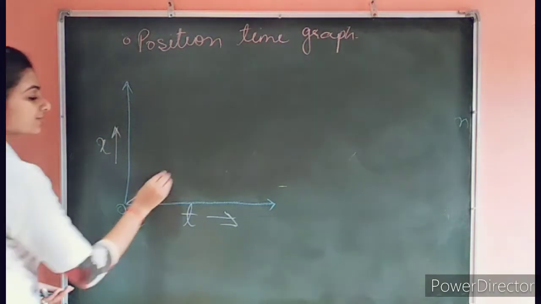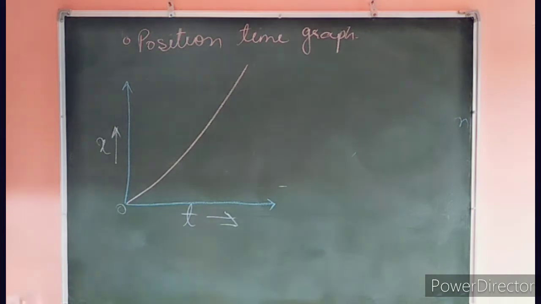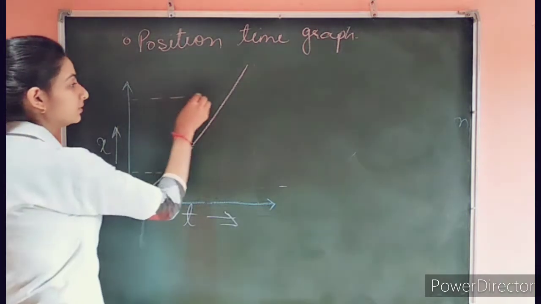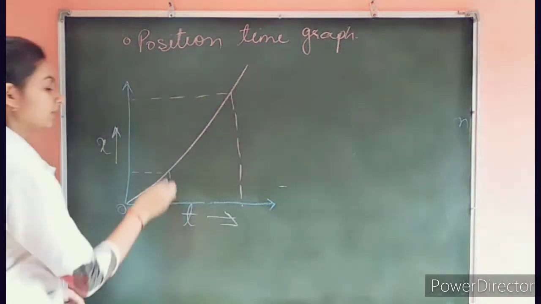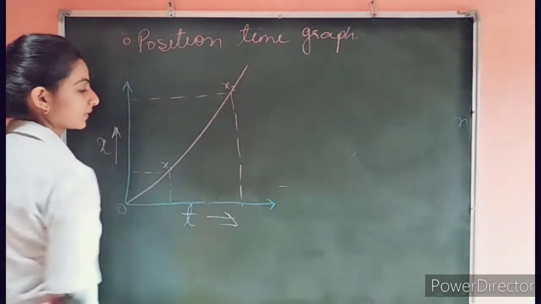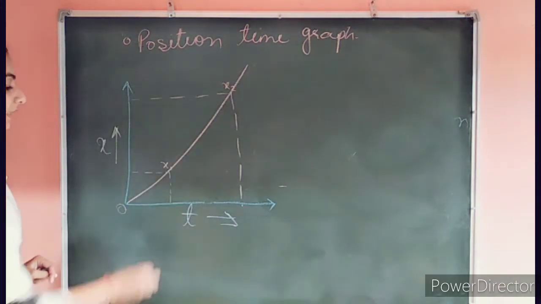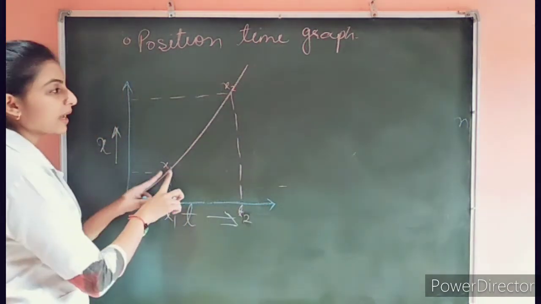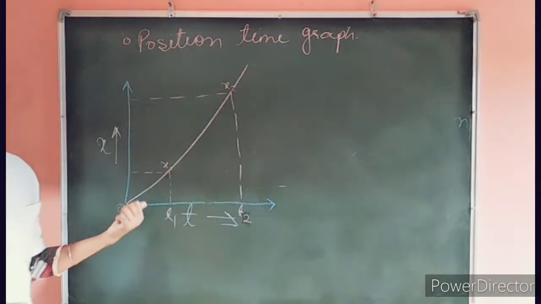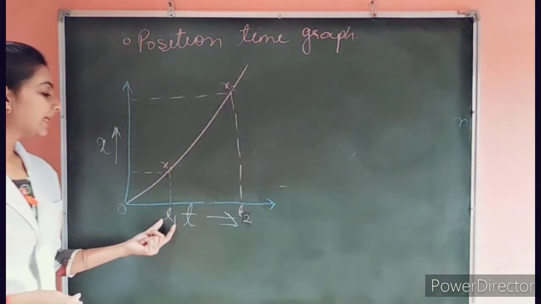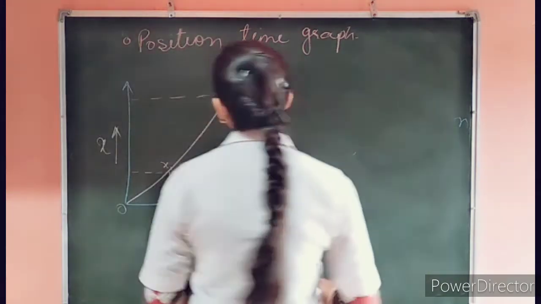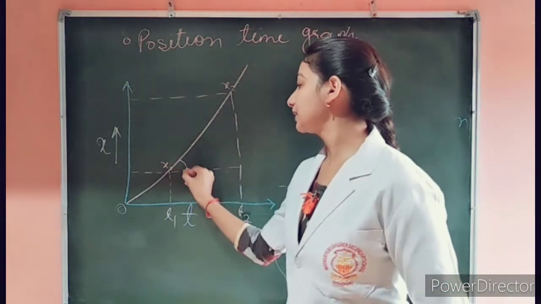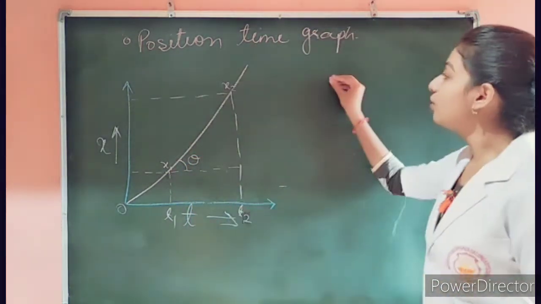When we get a straight line, to find the velocity we have to calculate the displacement between two places, from x1 to x2, how the object is displaced in position and how the time changes. In this, the angle theta will be generated.